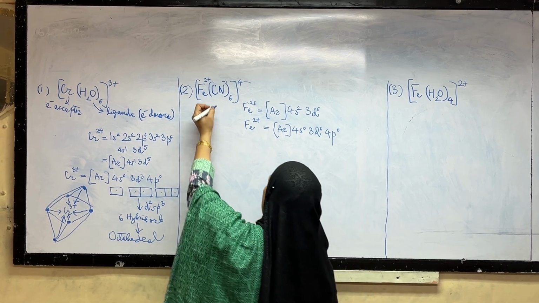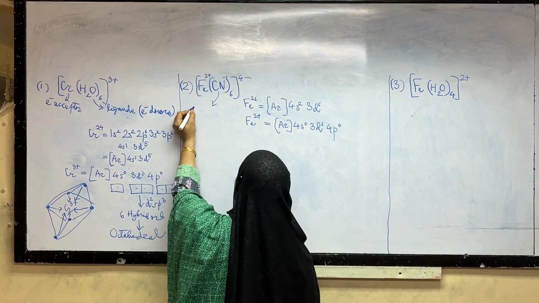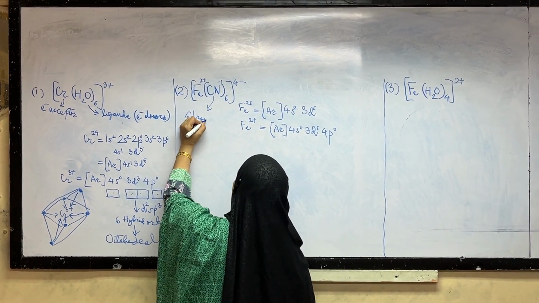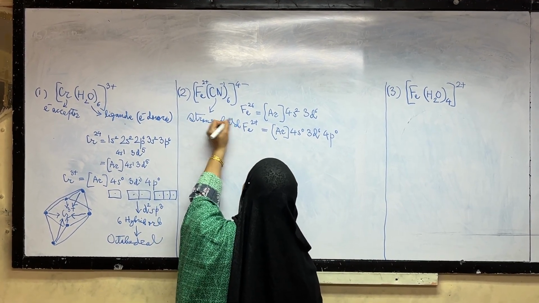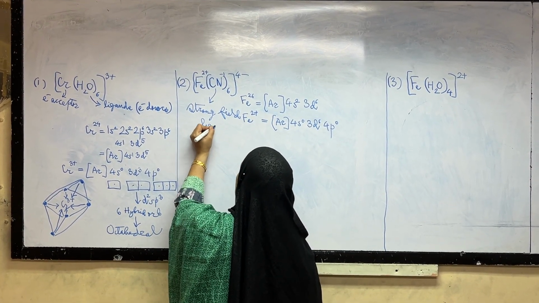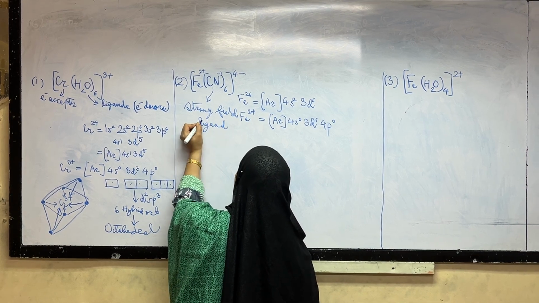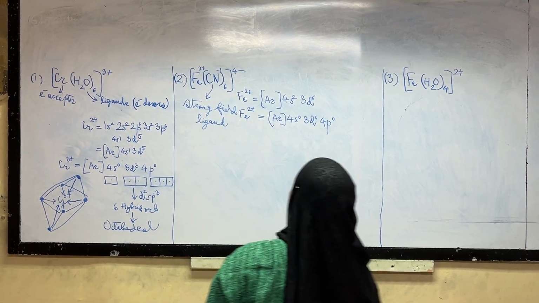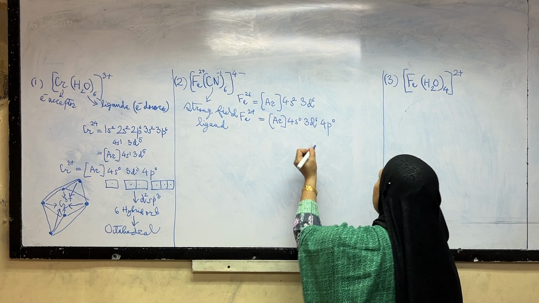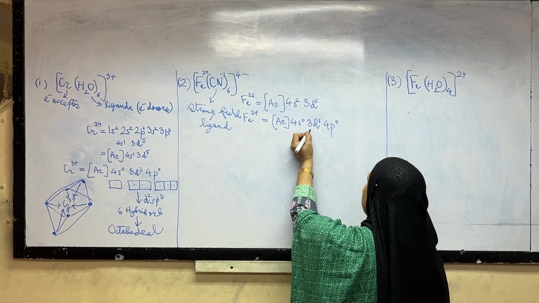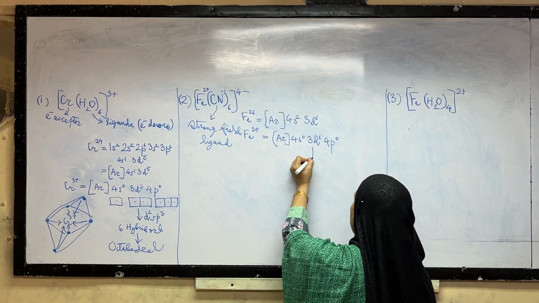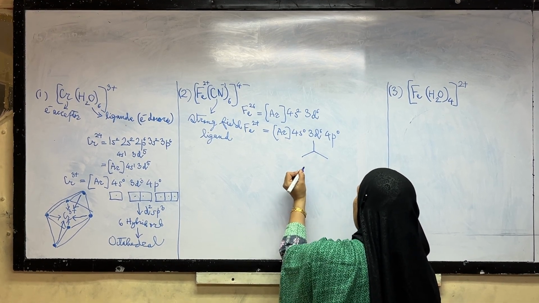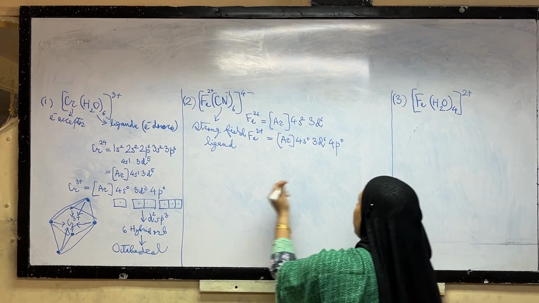Now here cyanide is known as a strong field ligand. So what this means is that it causes the energy levels of the d orbitals to split into 2 energy levels. Let me show it here.